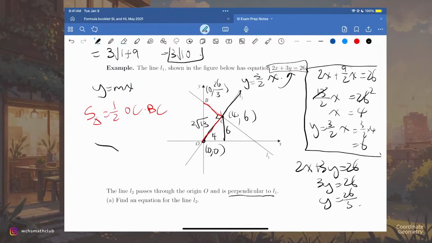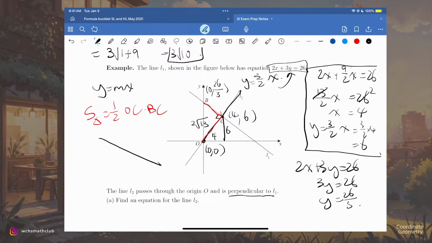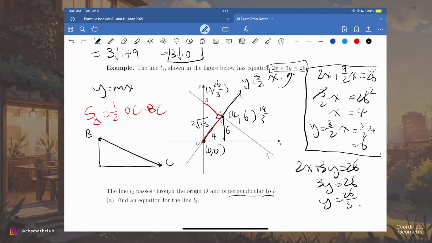So we have this triangle here. Here we have B, here we have C, and 6 is 18 over 3.